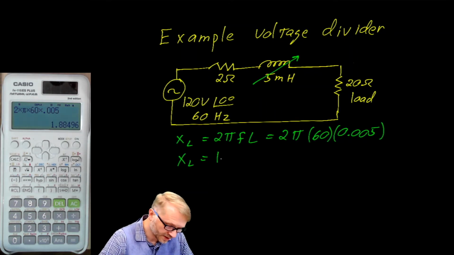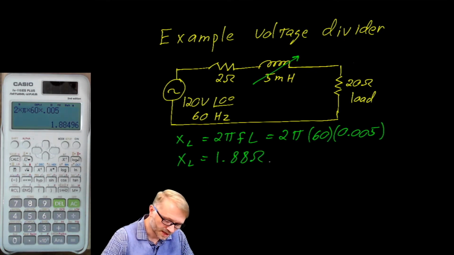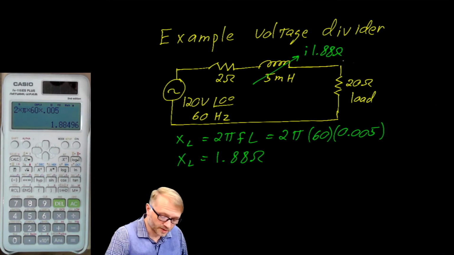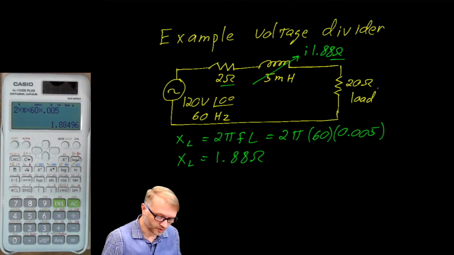So that's about 1.88 ohms. And I'm going to move that directly upstairs here. I'm going to say that's J 1.88. So now we have units of ohms, ohms, and ohms, and we can move forward with our calculations.